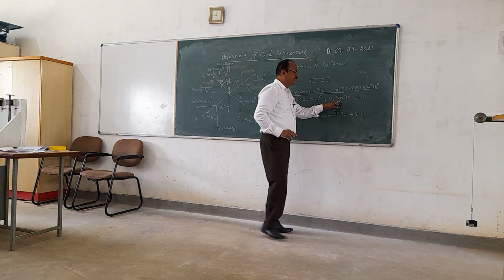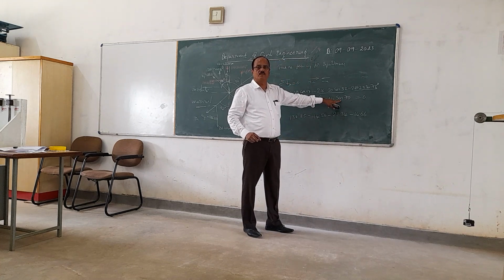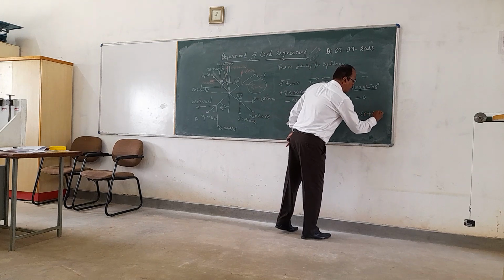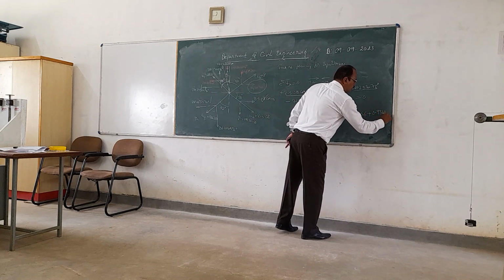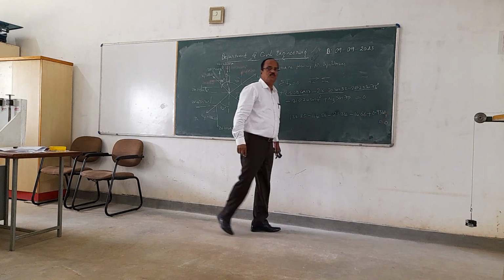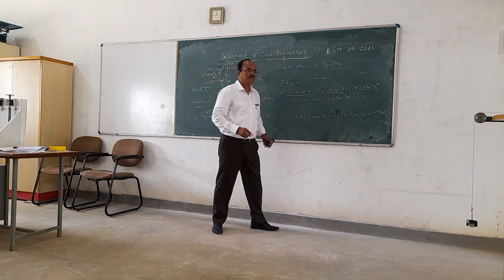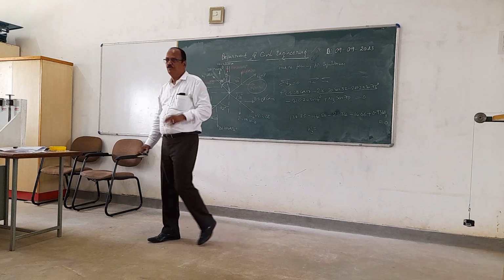And what is sin 70? 0.939. So 0.93 times W3 must be equal to 0. Get the value of W3.